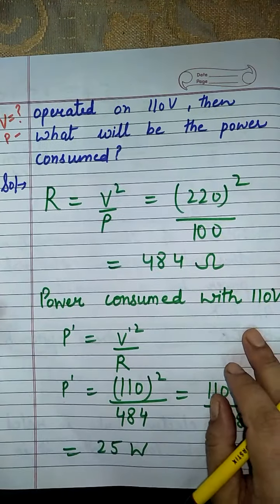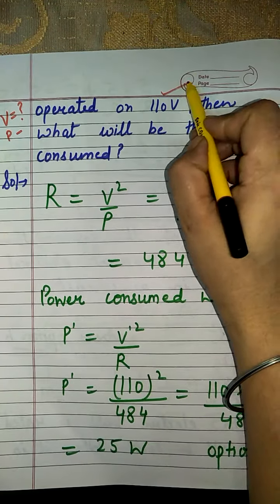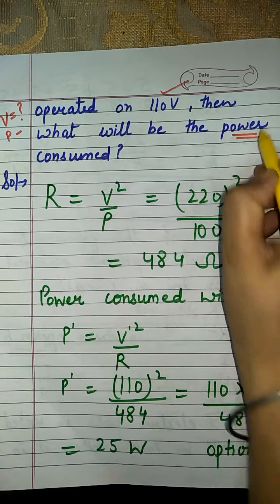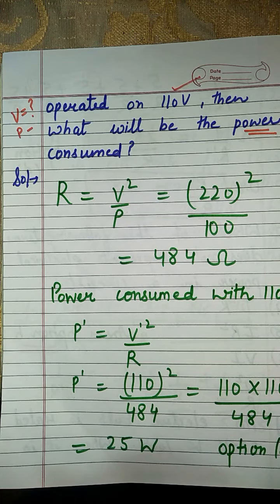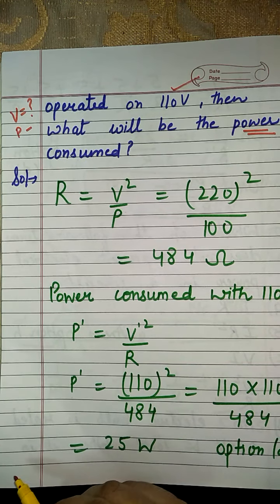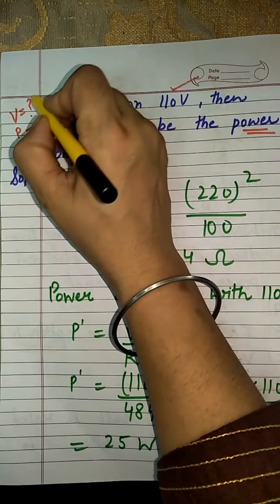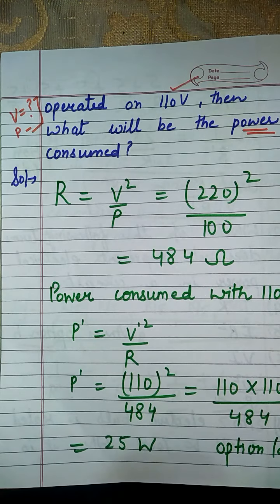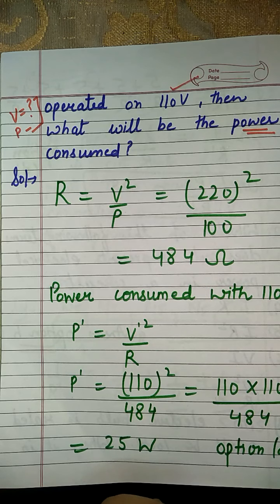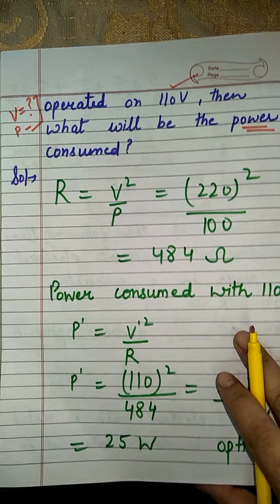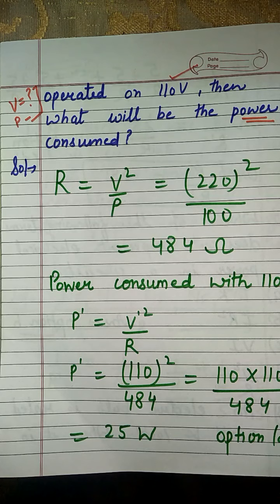And now he has changed the voltage and he is asking for the power. So power we can calculate only if we know the resistance of that particular appliance, the hindrance of that particular appliance. So for that we want to find out the resistance.